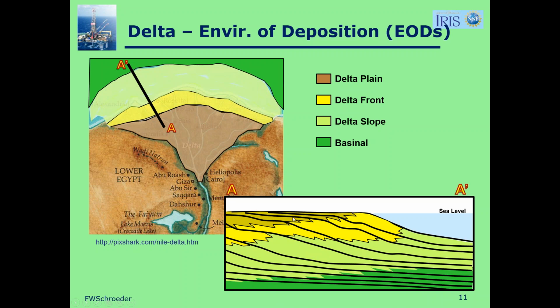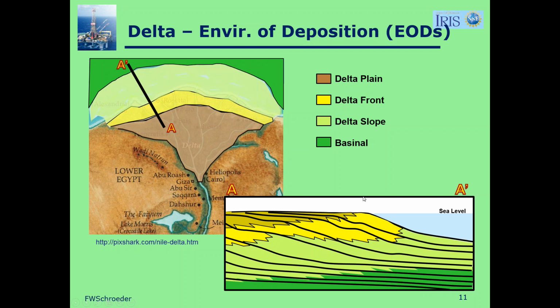So this is up dip for the Nile river system, that would be to the south, and then this would be to the north where the Mediterranean is. And you can see these different facies bands, the delta plain, the delta front, the delta slope, and the basinal. And as time progresses and the river builds further and further out into the sea, we see a time transgressive movement of these different facies belts.